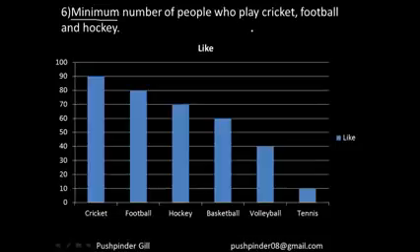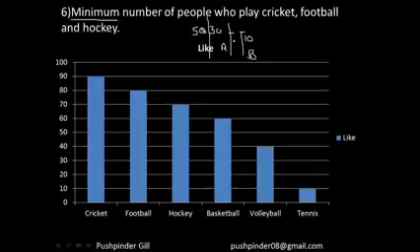Let me show you what is the difference between a maximum approach and a minimum approach. So let's say this is like the number of students. Let's say 30 students like A, right? And let's say 10 students like B, and there are a total of, let's say, 50 students. So if I have to maximize how many students will like both the products, I'll club this 10 in between this, just the way I was doing it.